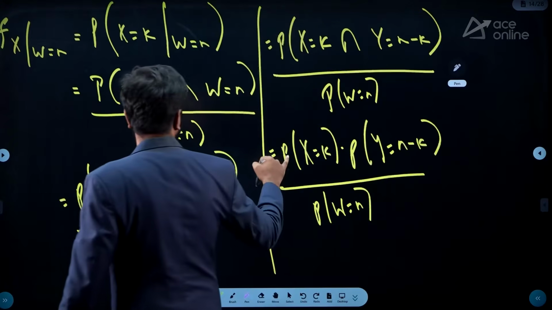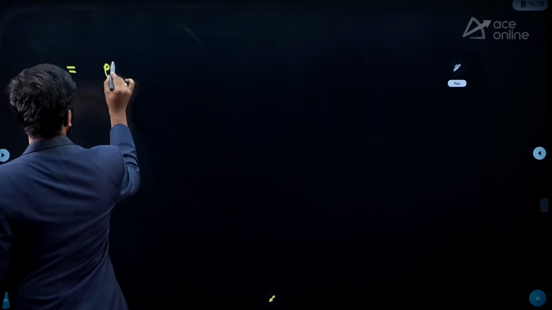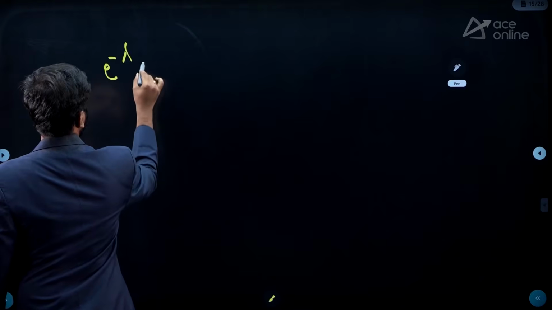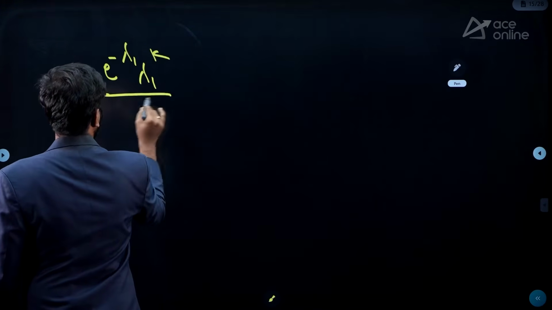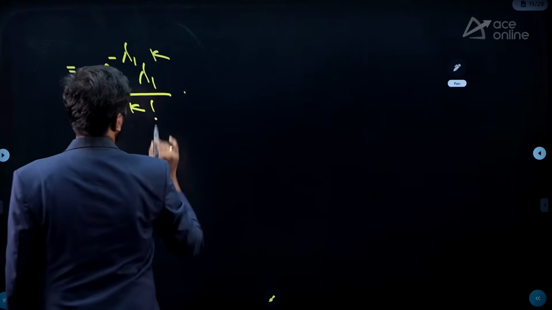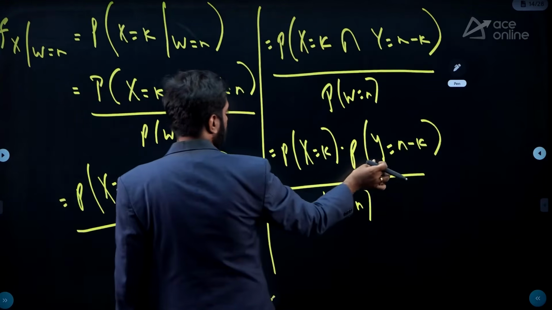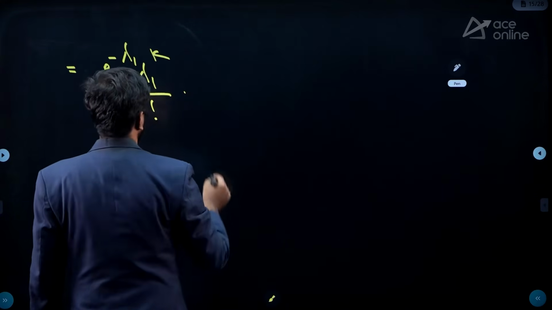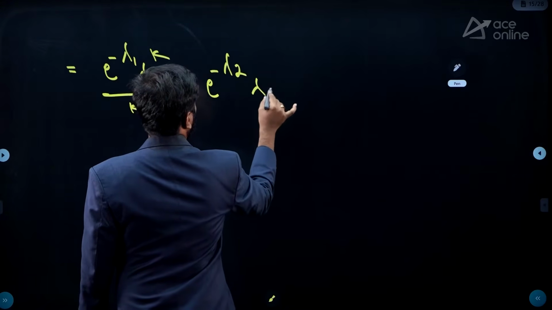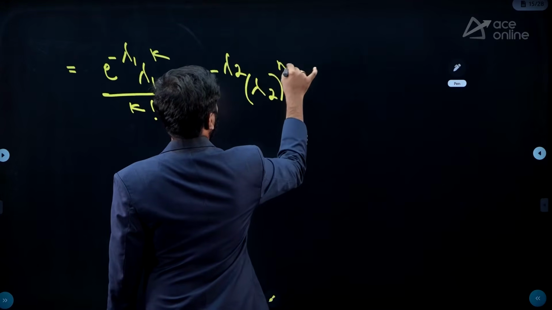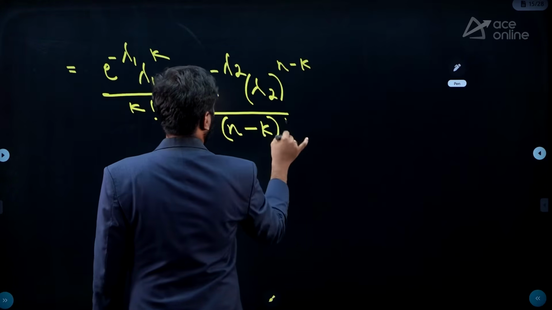So the probability of x equal to k is e power minus lambda 1 times lambda 1 power k by k factorial, times the probability of y equal to n minus k. This is also Poisson whose parameter is lambda 2, so it's e power minus lambda 2 times lambda 2 power n minus k divided by n minus k factorial.